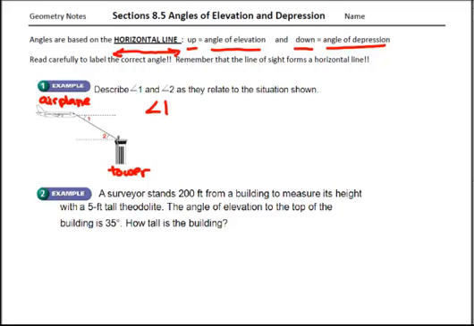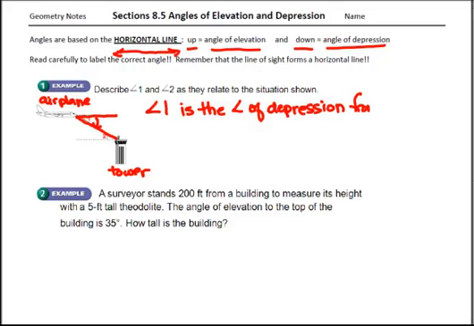Where's angle 1? Well, find the horizon. Here's my horizon. And this is the line that goes down. So it's actually going down. Down means depression. So angle 1 is the angle of depression. Now you have to be more descriptive. From what?